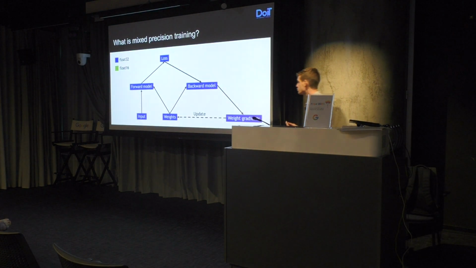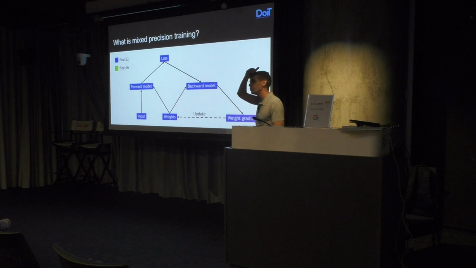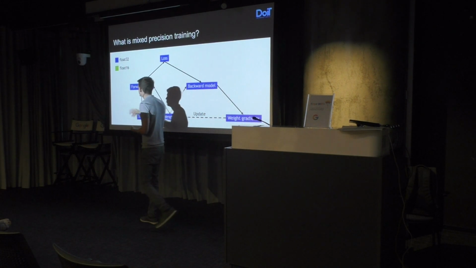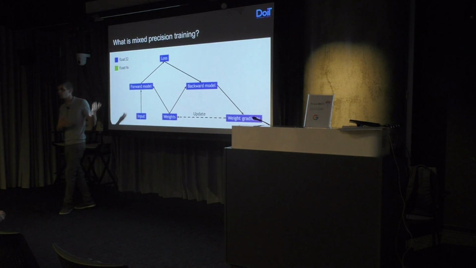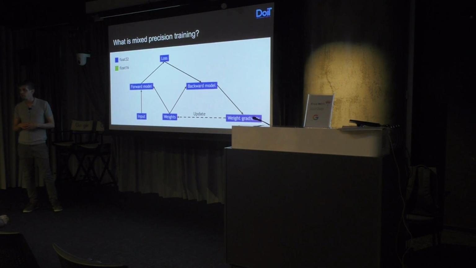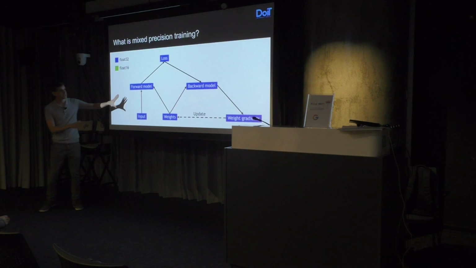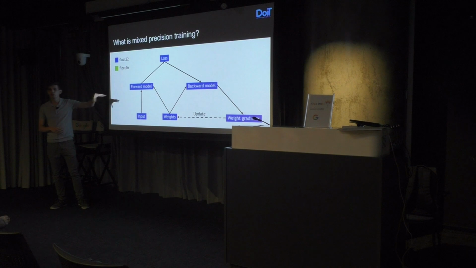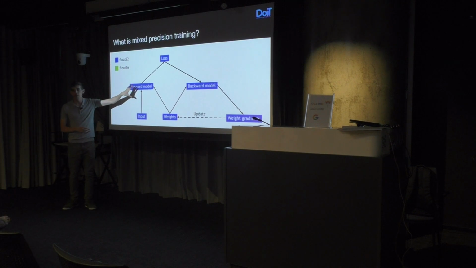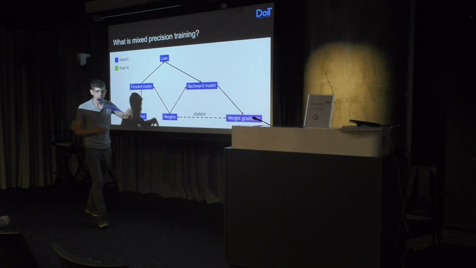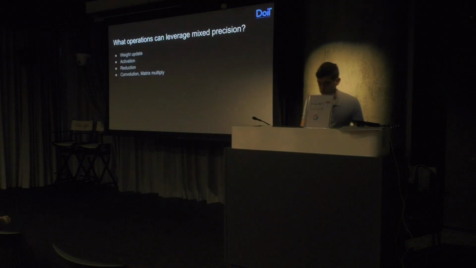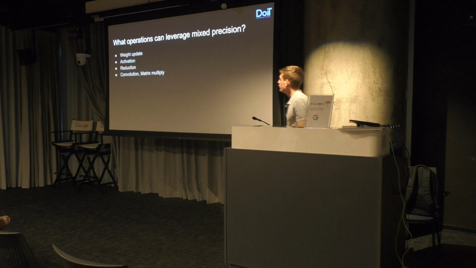The next slides would be to choose which part we want to do in floating point 32 and which part we want to do in floating point 16. This whole process is called mixed precision training because as it is right now, it is all done in float 32, but we will try to replace some of these blocks with floating point 16, and this is why we would call it mixed precision training.